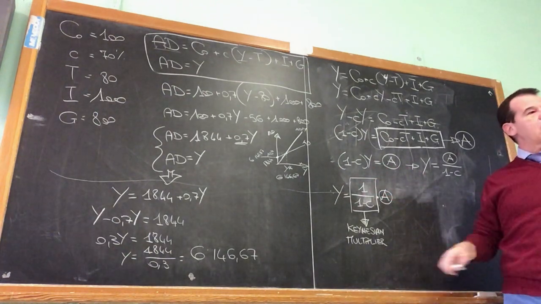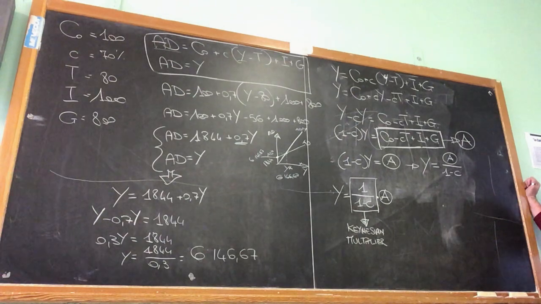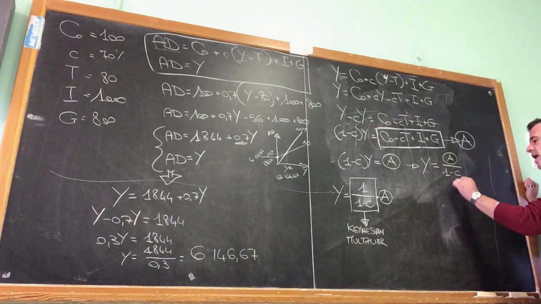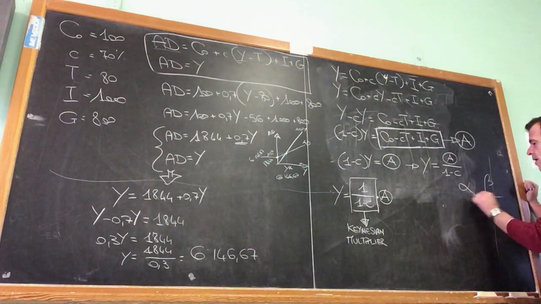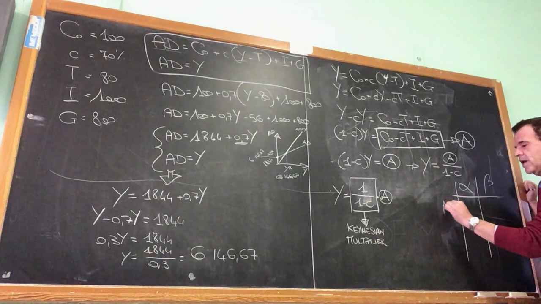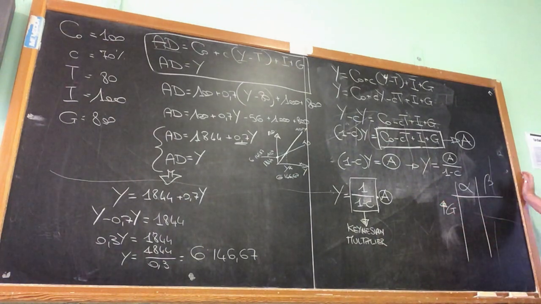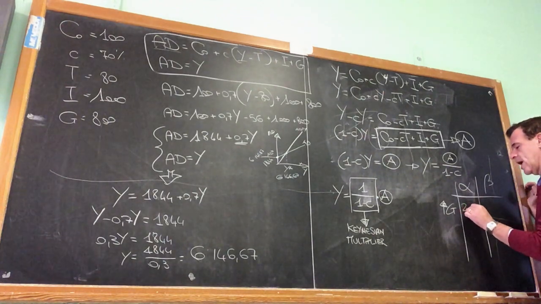Let's make it clear with an example. Let's take two states, state alpha and state beta. They both have an increase in government expenditure of 200.